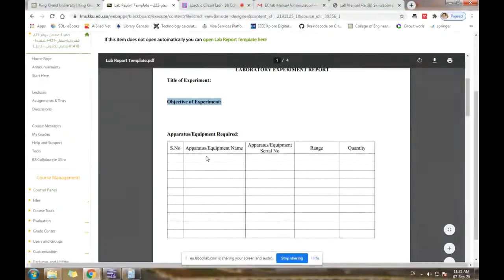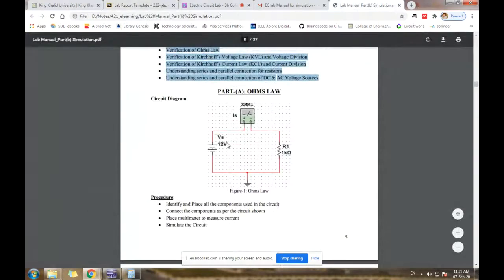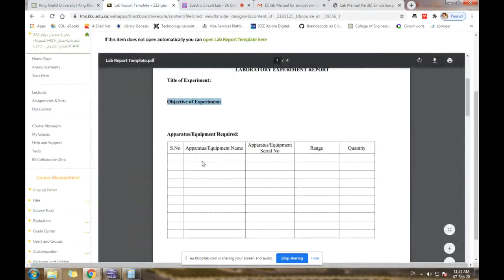What are the apparatus required? You should write here all the apparatus. For example, for Ohm's law, what apparatus have we used? We have used a DC voltage source of 12, ground, a 1 kilo resistor, and a multimeter. So you should write here serial number 1, DC voltage source.